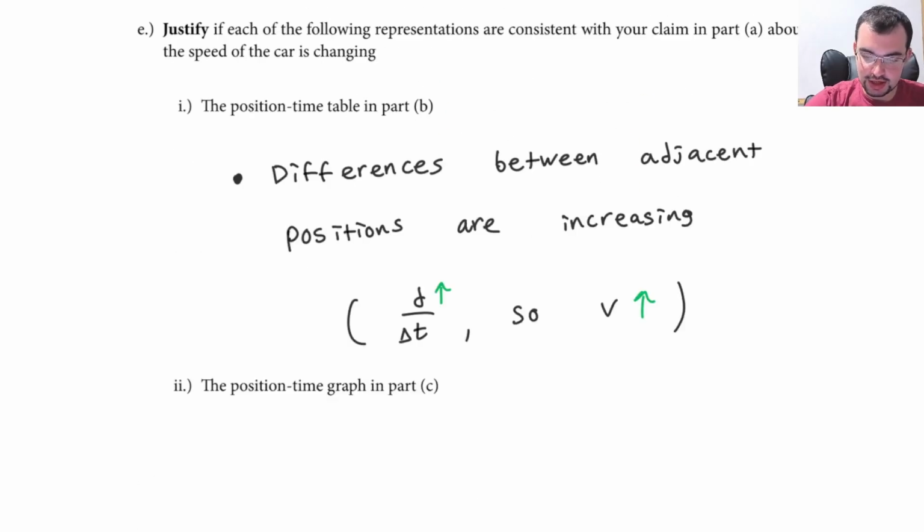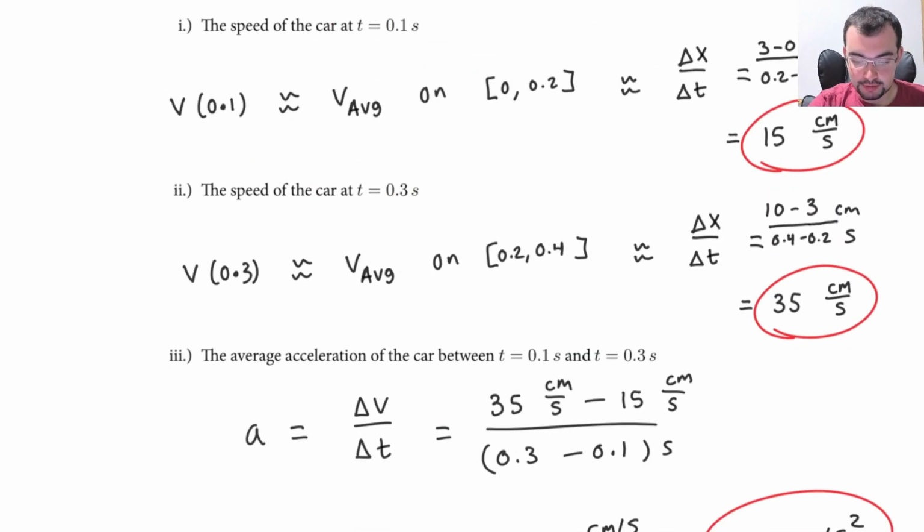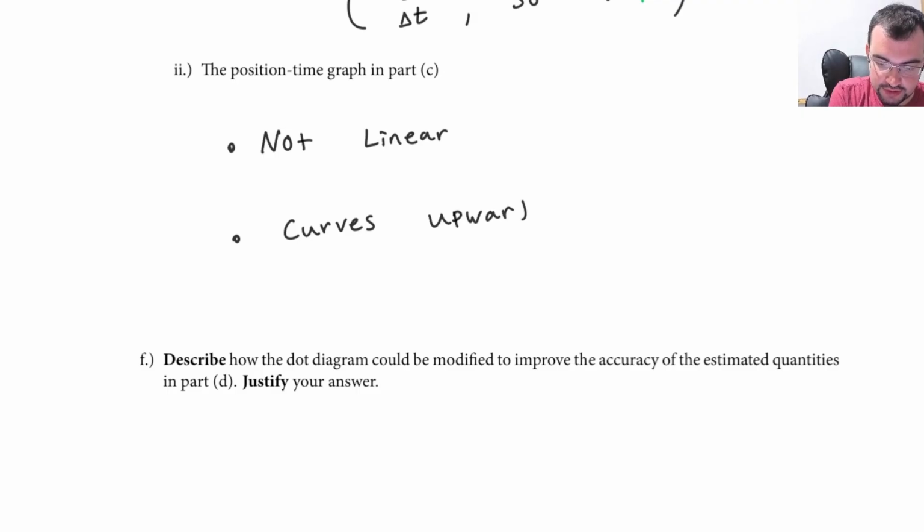What about the position time graph? We didn't really talk about this. Look at this shape. Well, first of all, it's not linear. So we know it can't be constant speed. So we see that this curves upward. We have a special name for this, which we'll talk about later, called concave up. But what this means is that we see that the slope gets steeper.